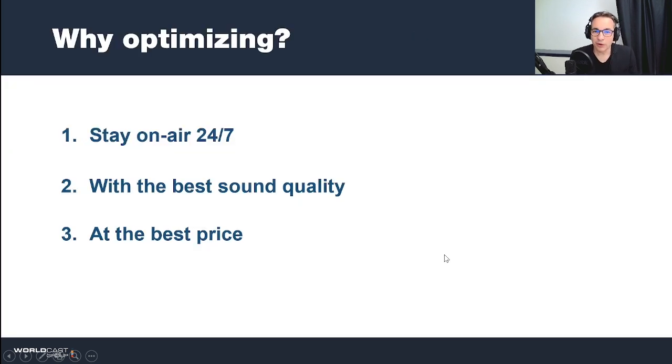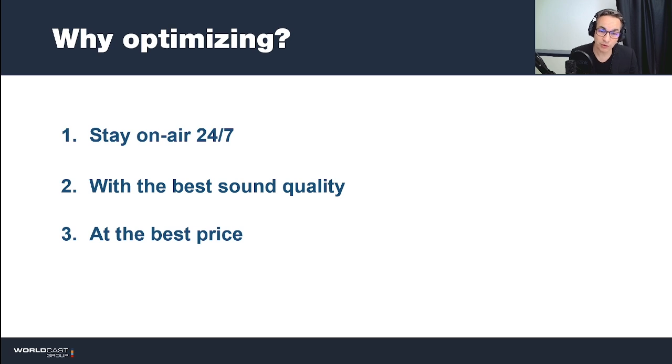So before optimizing this chain, it's important to note three objectives, three main goals that we have when optimizing this chain. The first point is to stay on air 24 hours, 7 days. Radio is a key broadcasting tool, and we want this to be on air all the time. So when optimizing the chain, we will think about redundancy, we will think about reliability of the chain.